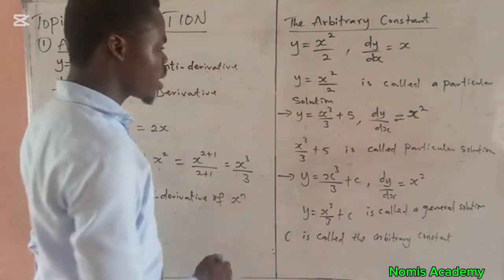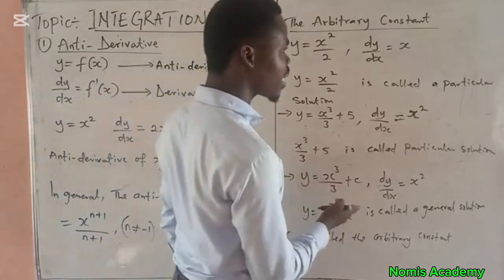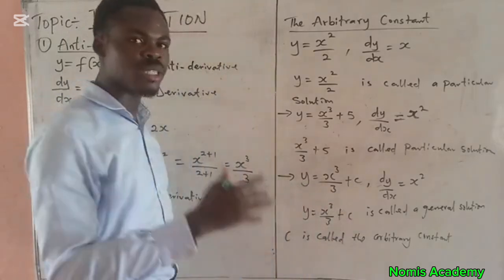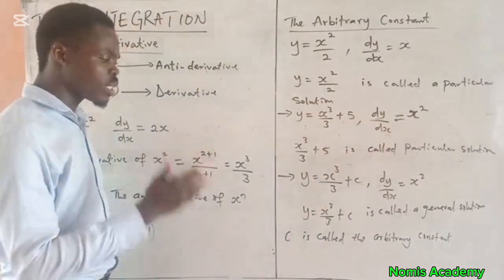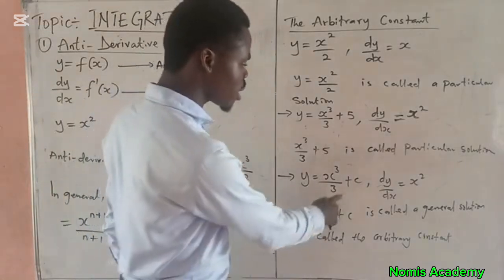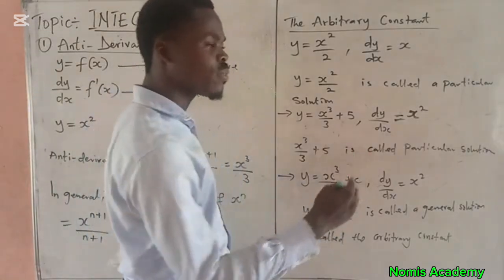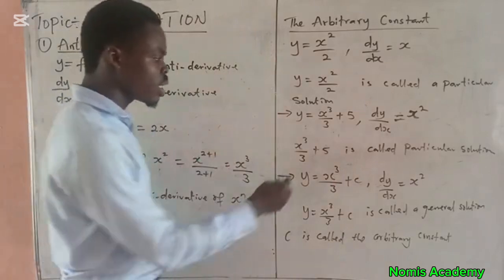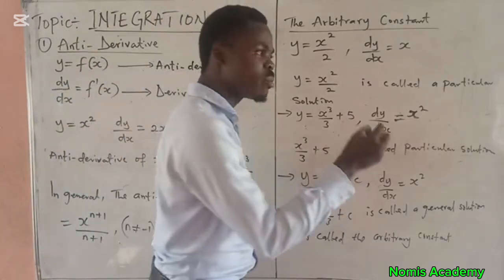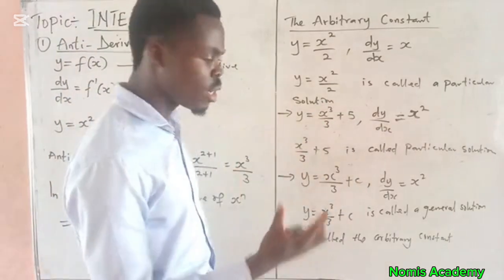So whenever you solve, it is expected, in as much as what you have is an indefinite integral, that you slot in your arbitrary constant. But when you are asked to find a particular solution, then that constant must have a real number value.